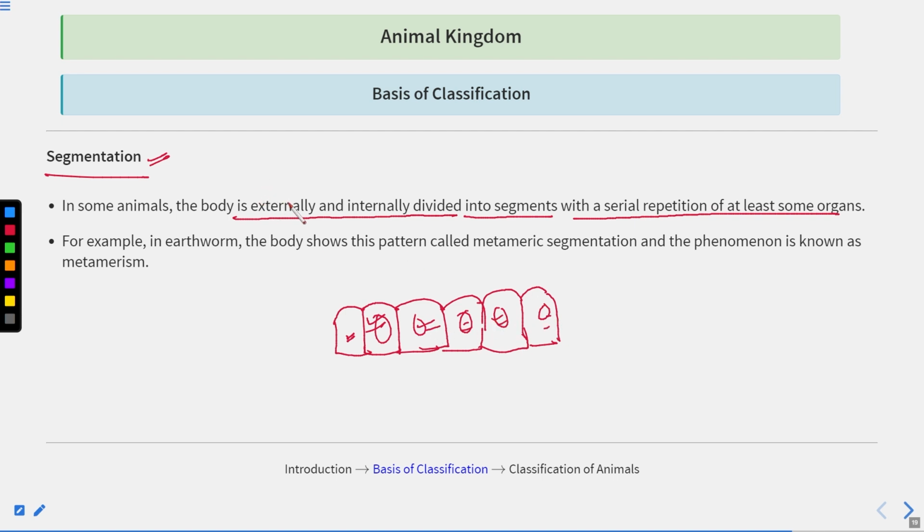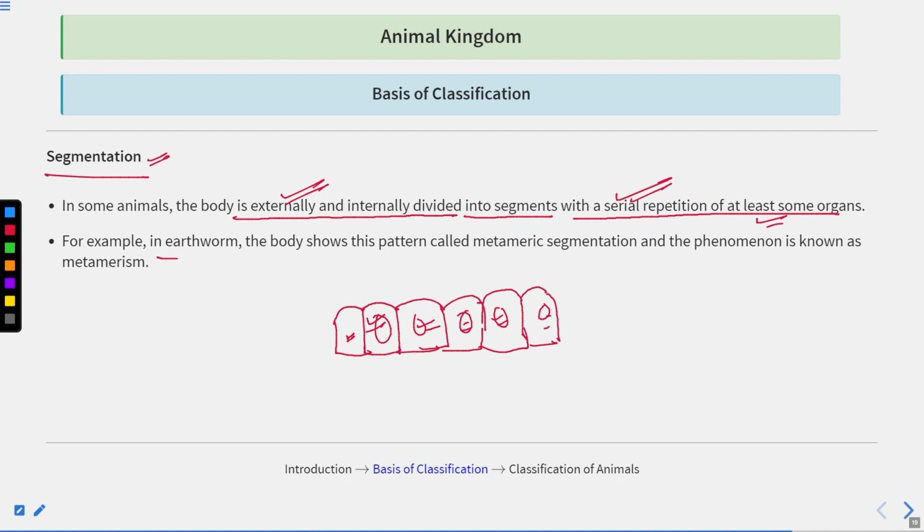So in some animals, the body is externally and internally divided. You can see that there is a demarcation on the surface of the body, internally as well as externally. Okay, so this is a serial repetition of at least some organ, and inside, every segment has the repetition of one particular organ.